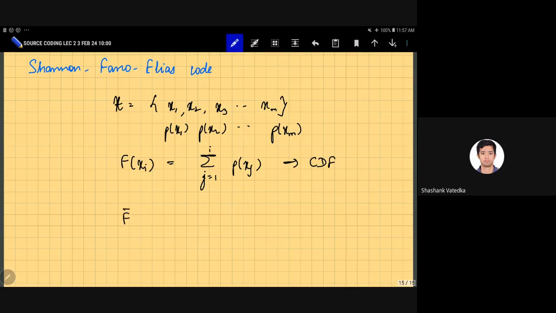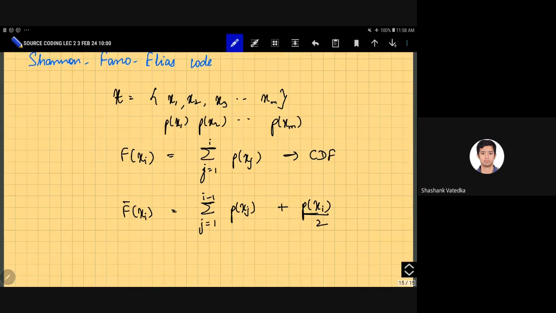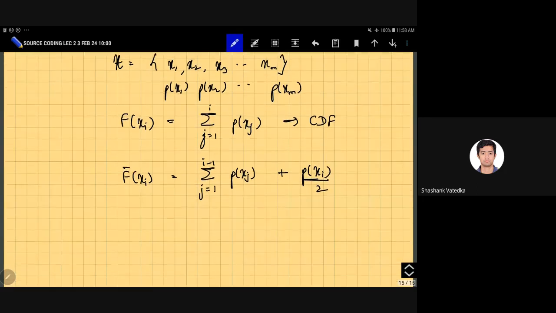I'll call it F bar. So F bar of xi will be the summation over j going from 1 through i minus 1 of p of xj, plus p of xi divided by 2. Okay. So it looks similar to the CDF, but in fact it is not the CDF. Okay, so this is what I call the modified CDF.